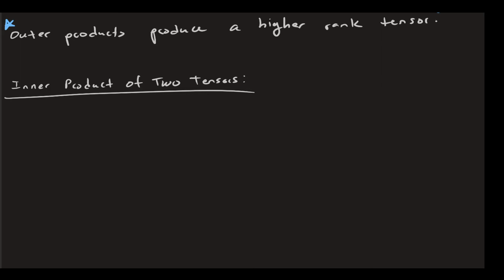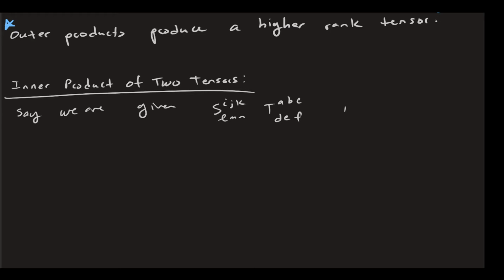So let's say we are given, I'll just make up random ranks, S_ijklmn and T_abcdef. I guess it doesn't have to reduce the rank, but two of the indices on the tensors are going to be the same. We're going to make them the same letter.